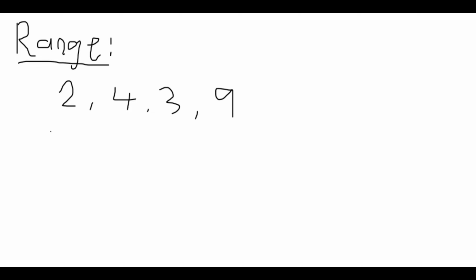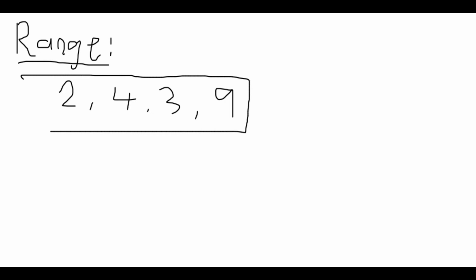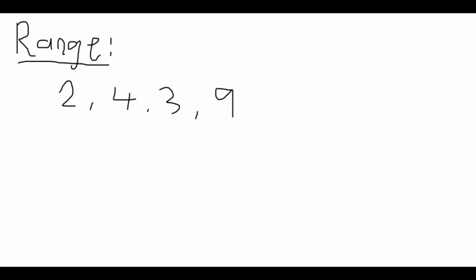Let's say we are asked to find the range of this raw data. When I say raw data, what I mean is the data is not arranged. You can see 4 coming before 3. Since it's not arranged in ascending or descending order, the data is raw.